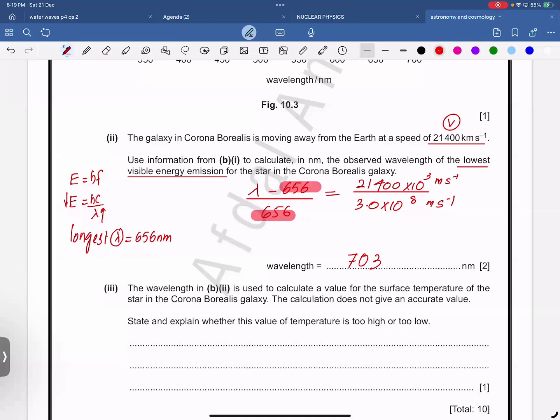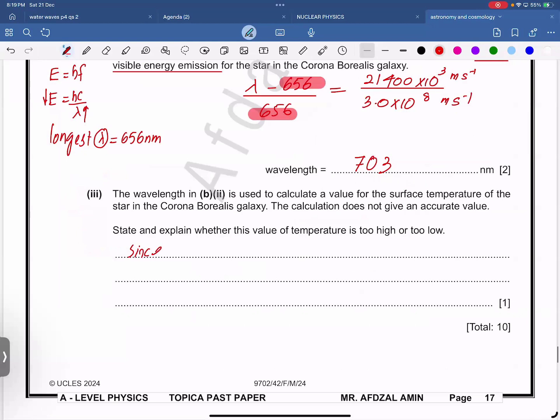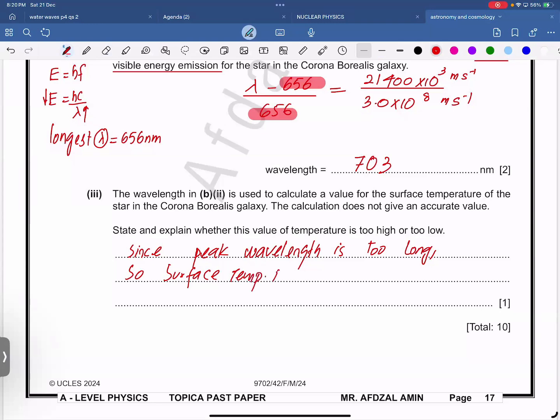Oh, this is the highest possible wavelength of any visible intensity. Since the peak wavelength is too long or higher, the surface temperature is too low.